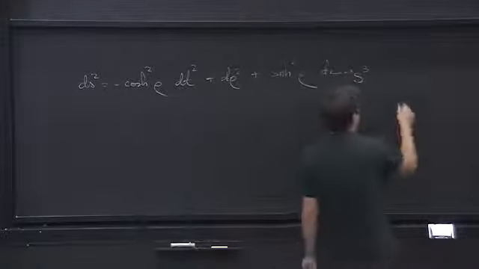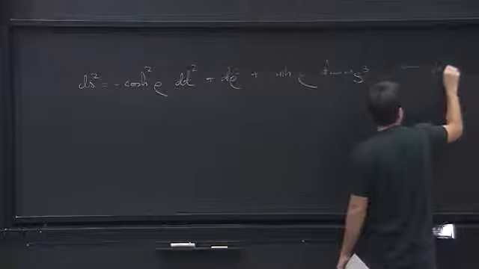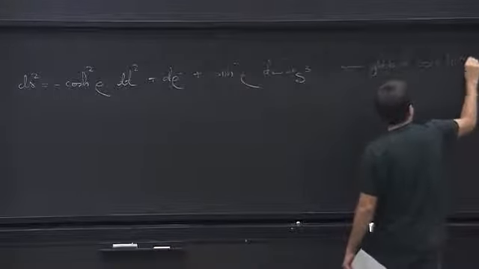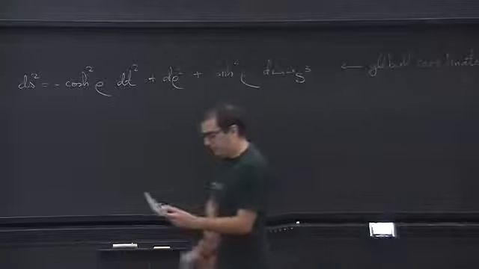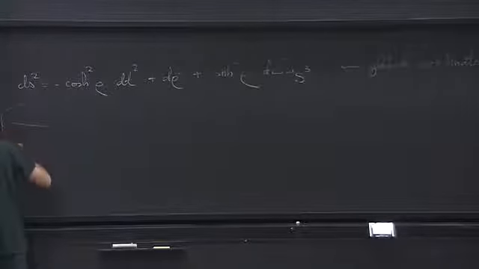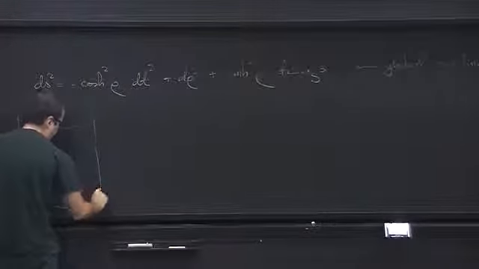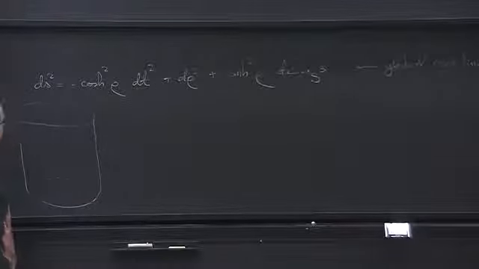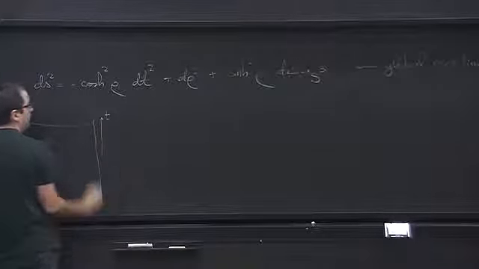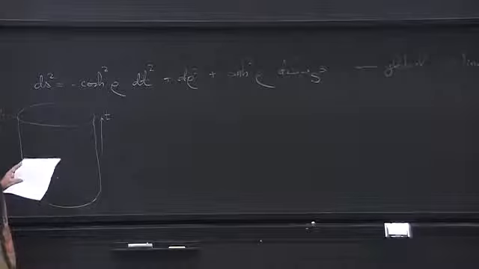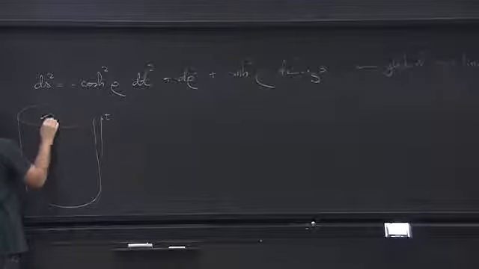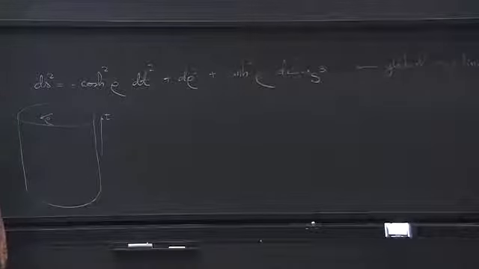These are what are called global coordinates. We should now picture them as follows. We draw a cylinder. This direction is time. This radial direction is rho. Rho equal to 0 would be the center.